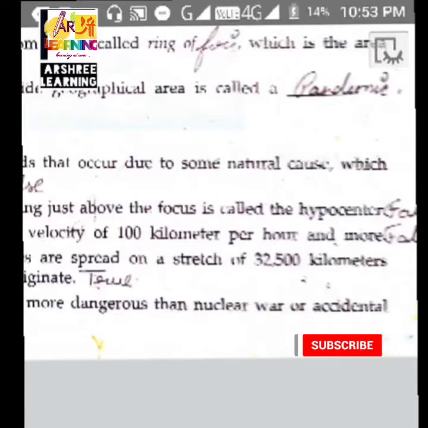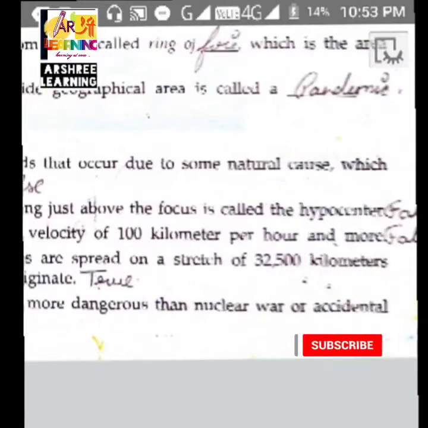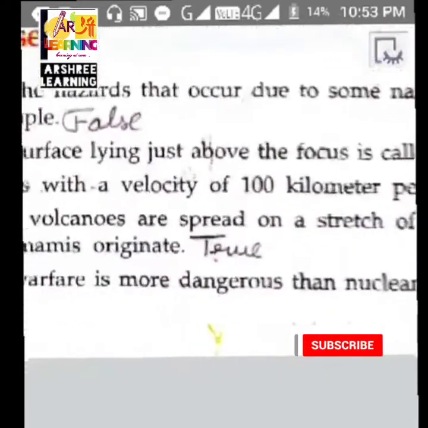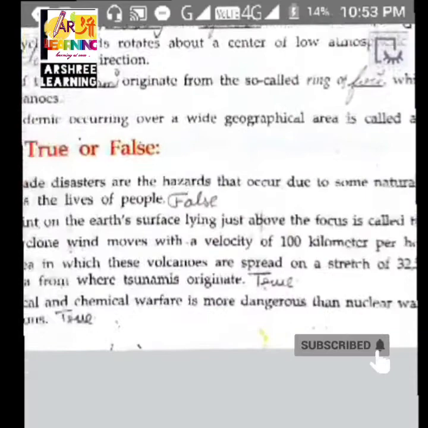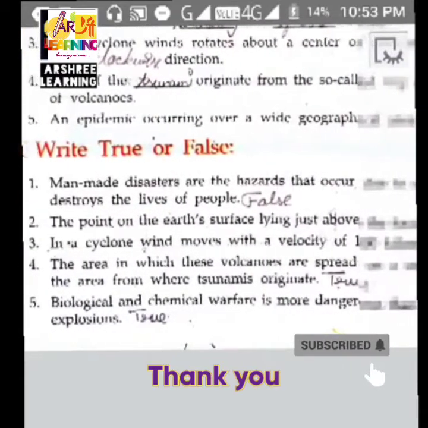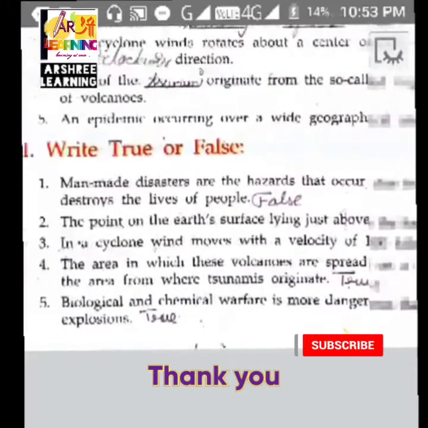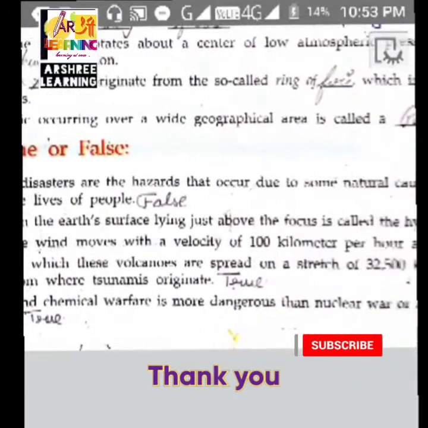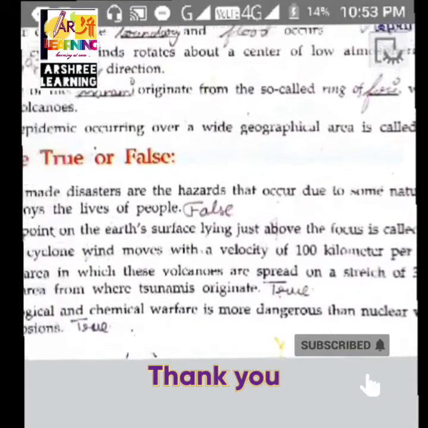When this disease enters another country, then the country will be destroyed. So that is why this is called biological war, which is banned by the UN protocol. That is why it is dangerous, because it causes effect to a bigger number of people.